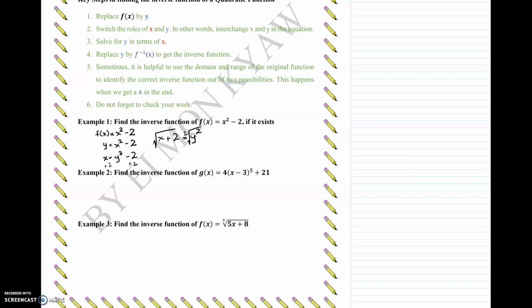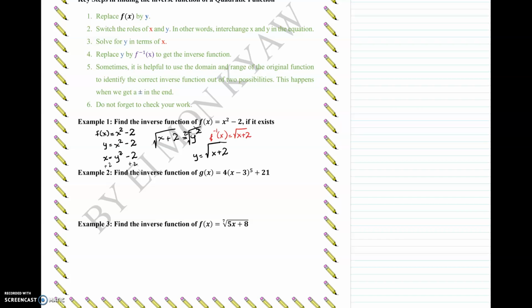So then over here, the square and the square root cancel out, leaving us with y is equal to radical x plus 2. So that is the answer. So now we write it in terms of the inverse, f inverse of x. It's going to look like this. F inverse of x is equal to radical x plus 2.